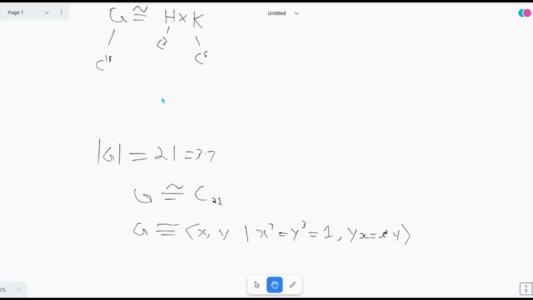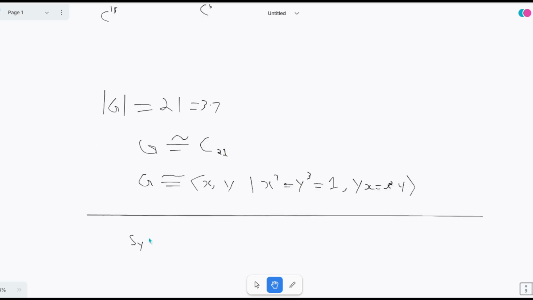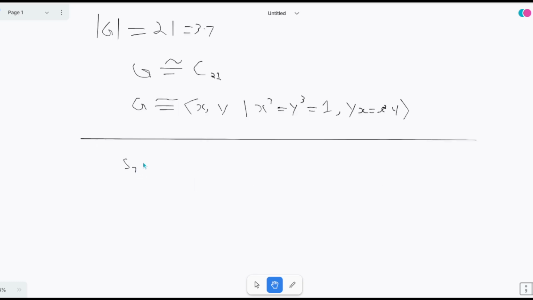So again, the Sylow 7 group in this case, we have n7 divides 3, and n7 is congruent to 1 mod 7.